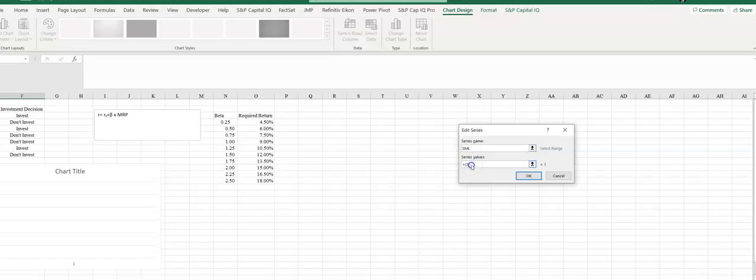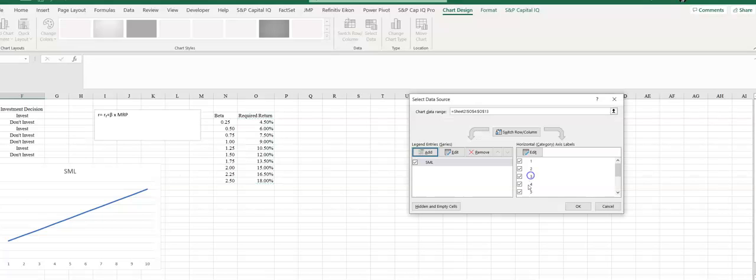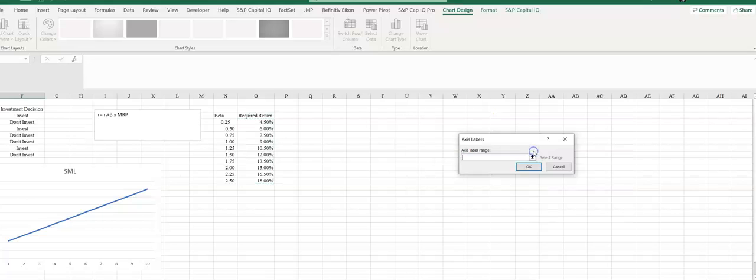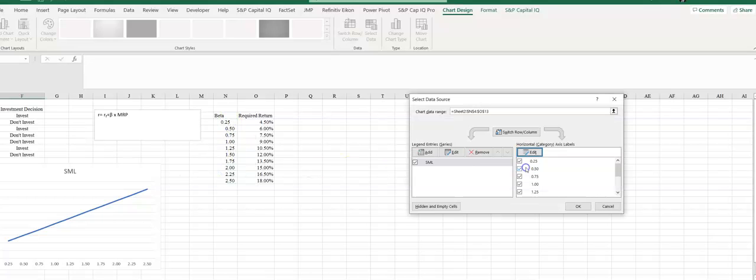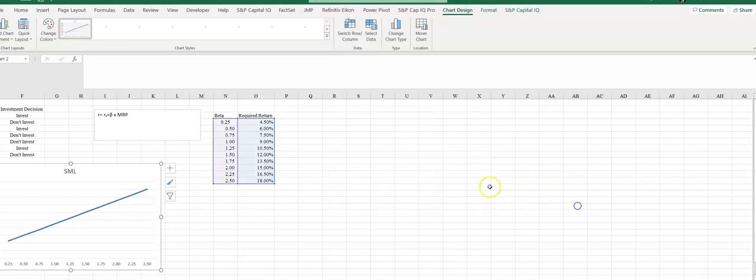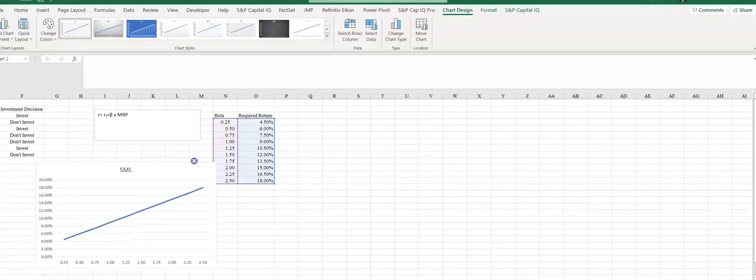And then we are going to use the required rate of return in this case. And then we are going to put the betas on the x-axis.